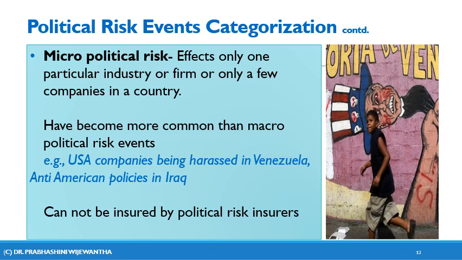So micro political risk events have an effect only on one particular industry, such as the pharmaceutical industry, the dairy industry, or maybe, let's say, fast-moving consumer goods production. It affects only one particular industry or maybe one firm.